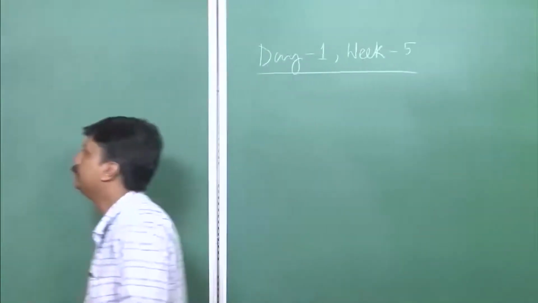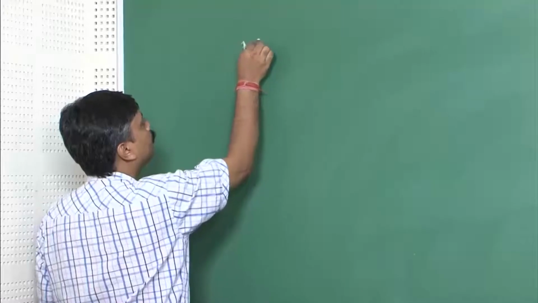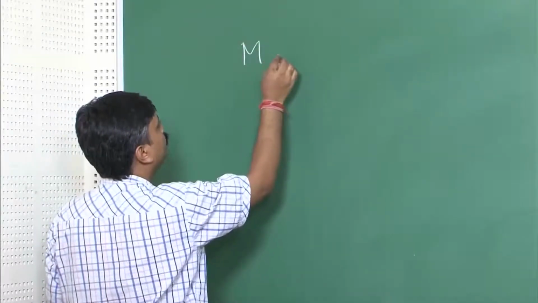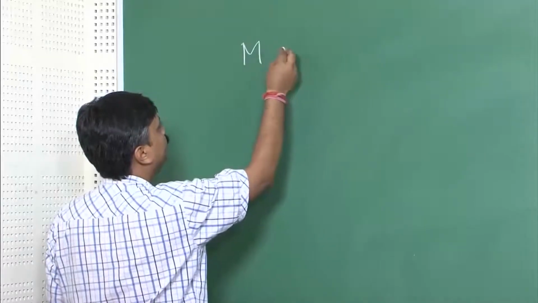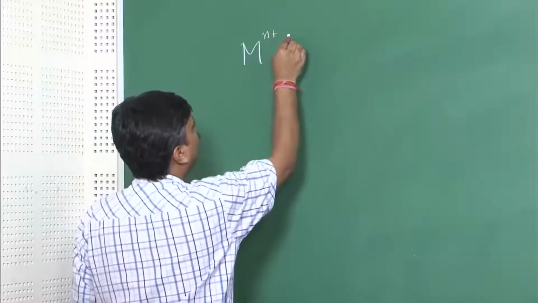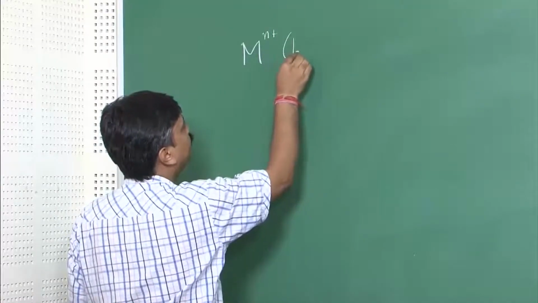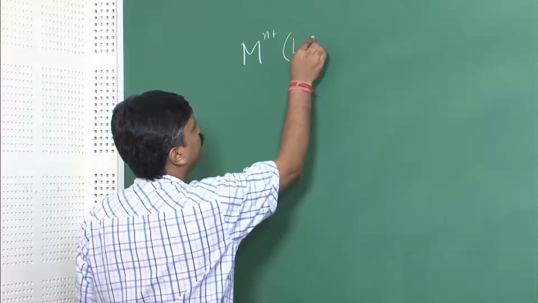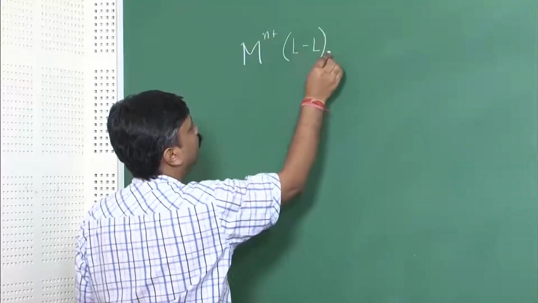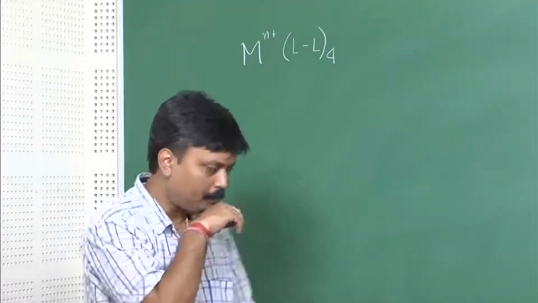So we will start with a molecule M, which stands for metal, having its charge, and you have 4 bidentate ligands of this type, for example ethylenediamine.